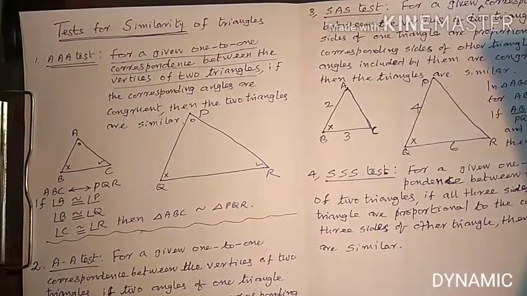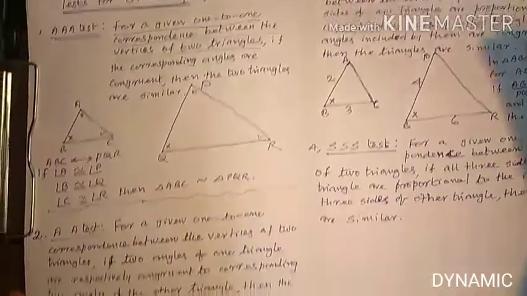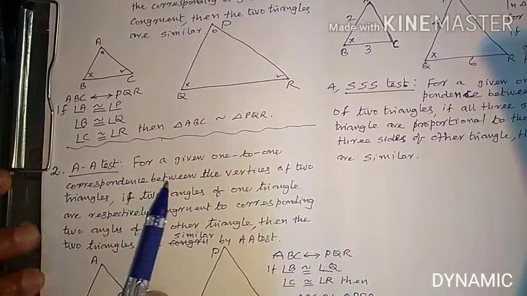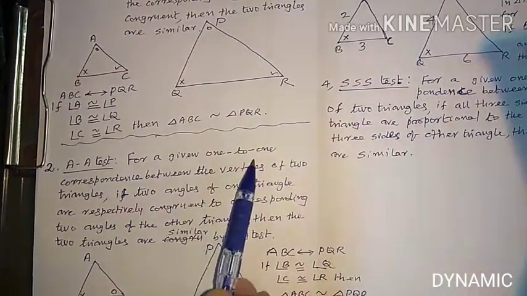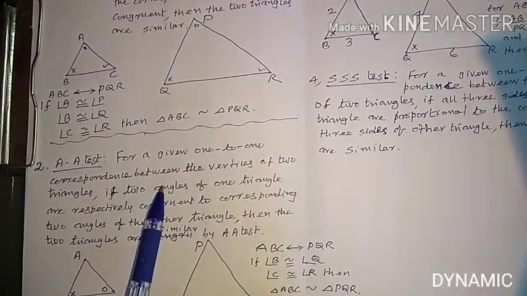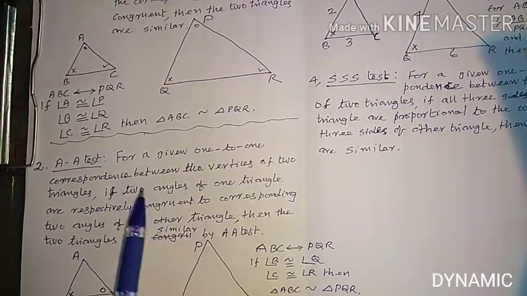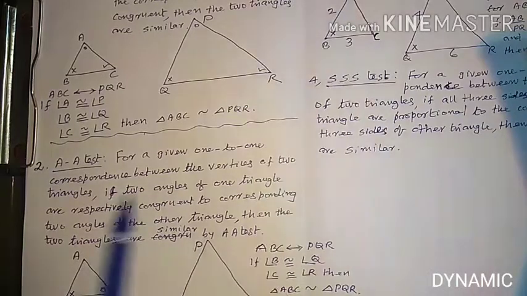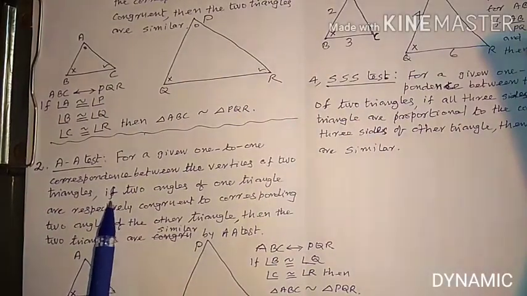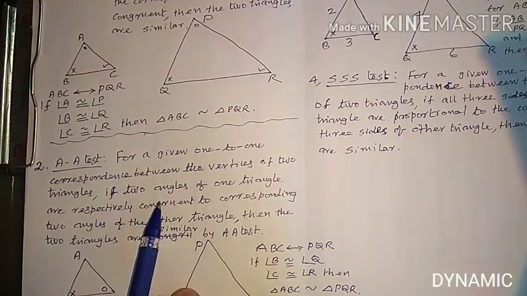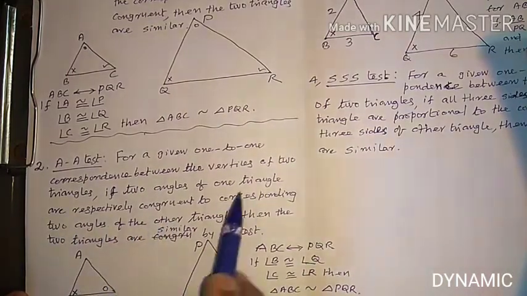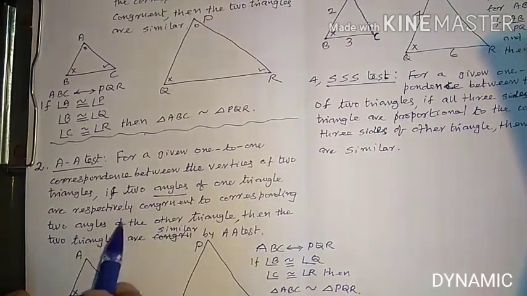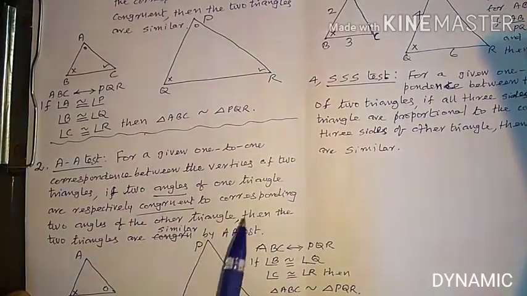You should be familiar. Second test, AA test, double A test. For a given one-to-one correspondence between the vertices of two triangles, now things change.